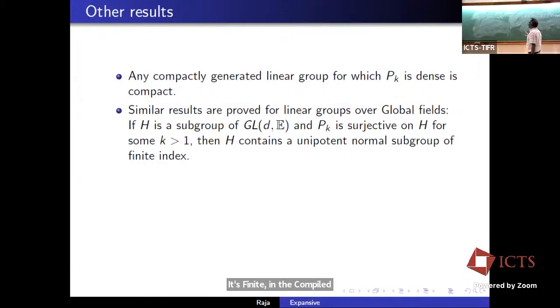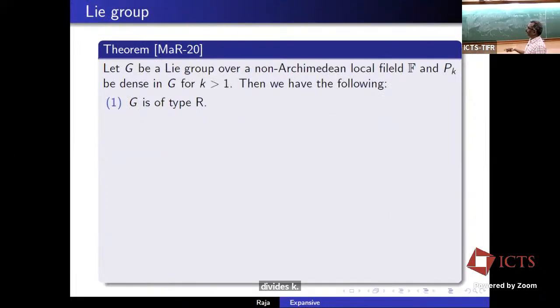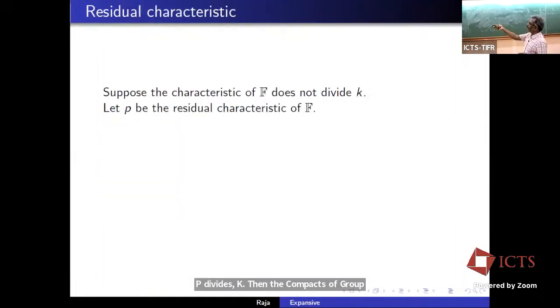But you don't actually apply it for each and every p. You choose a prime number which divides k. Then you can apply that previous result. If p divides k, then the compact subgroup is finite.